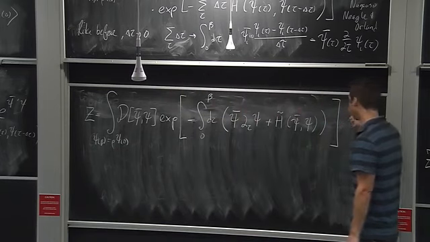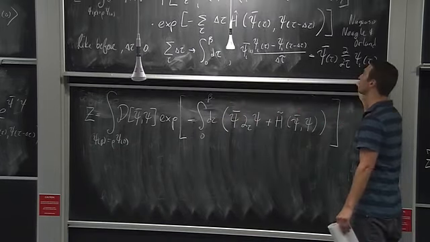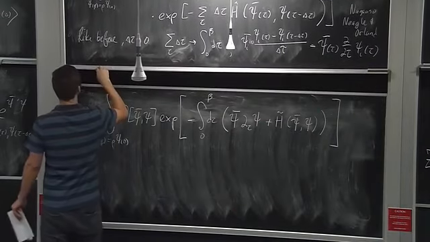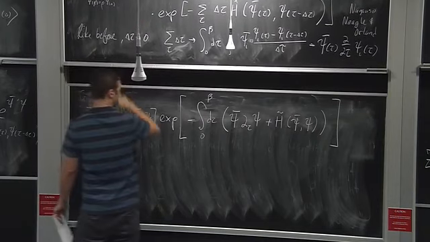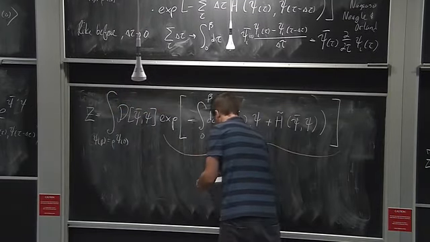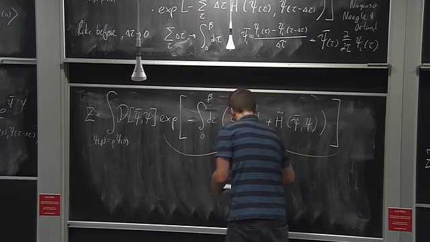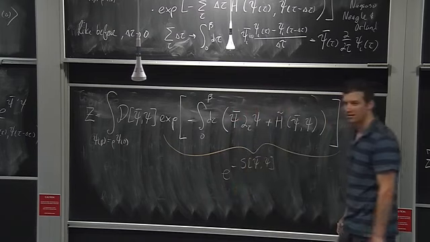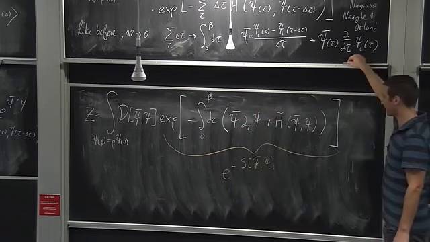And then also the idea that you might have Grassmann variables. And you can make this even more compact by writing this exponential as e to the minus S, to remind you of an action.